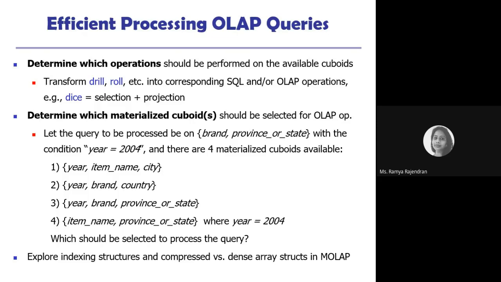But which has to be selected for the query, we really have to find that. So we have the brand here and here. Maybe if we can go for this, it's very easy, right? Instead of combining these two things, we can just go for this where year is equal to 2004. It's very easy, right? So it's actually about the person who's doing the task.